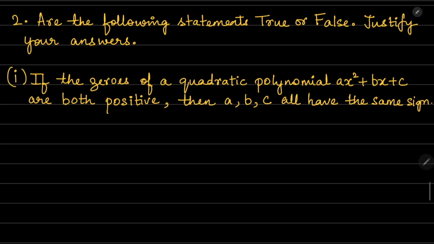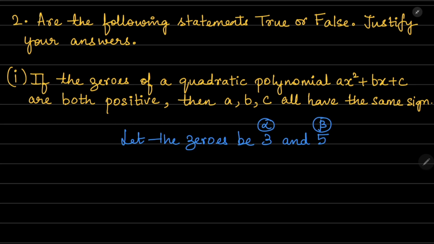So what is given? That the zeros are both positive. So let's take any 2 positive integers. Let the zeros be, say, 3 and 5 respectively. Let alpha be 3 and beta be 5.